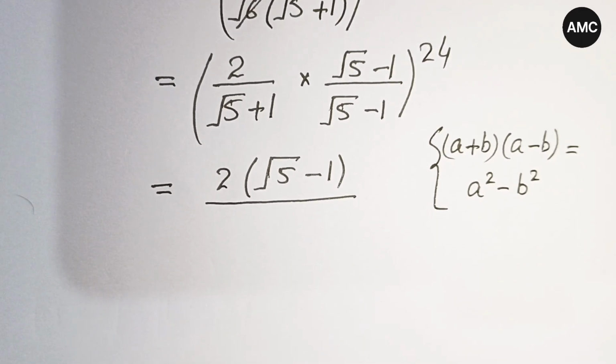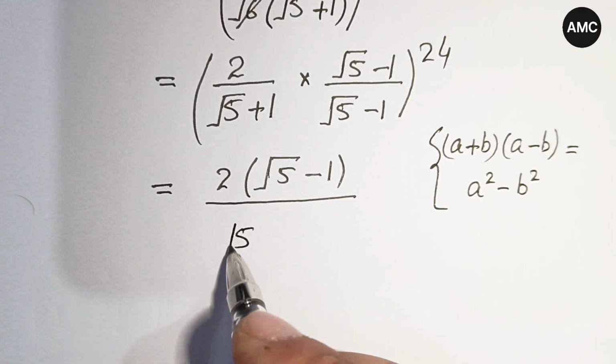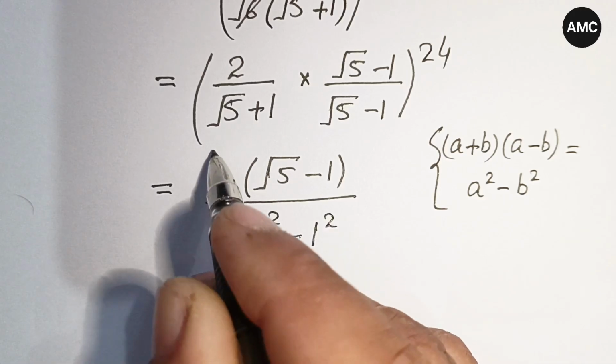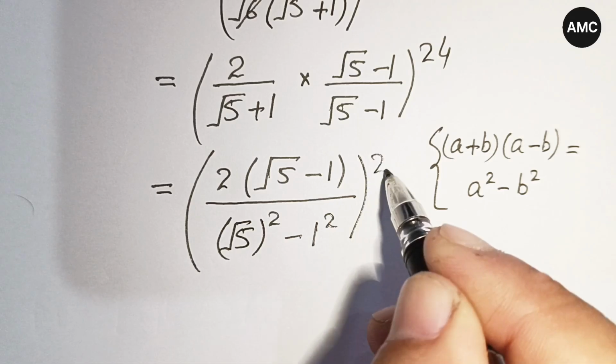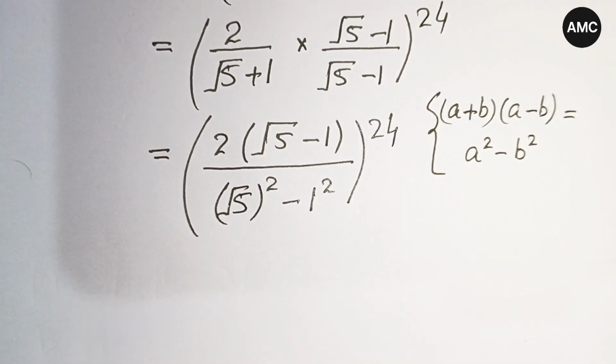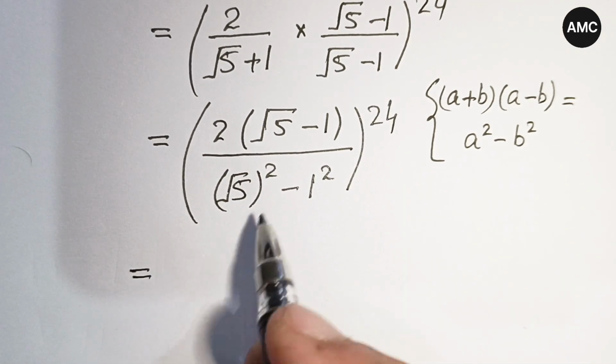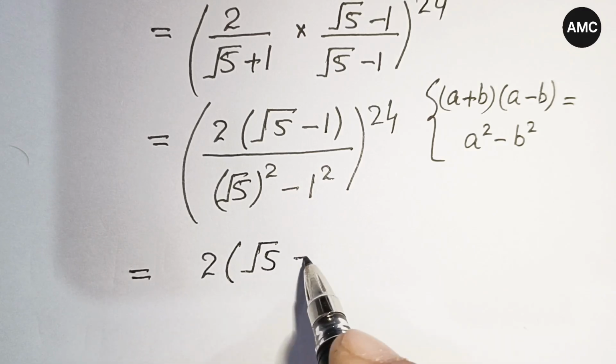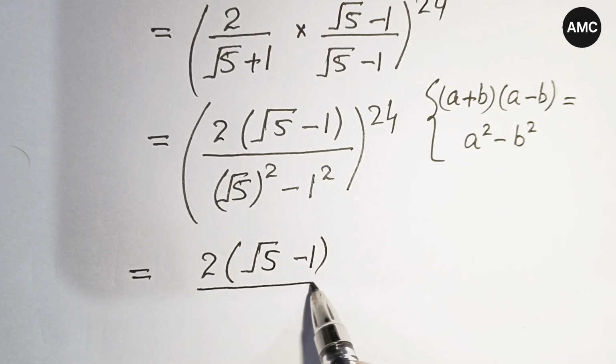It is our algebraic formula. So applying it in the denominator, we will get the square root of 5 whole squared minus 1 squared, and whole to the power 24. Now here we have 2 times the square root of 5 minus 1 all over.